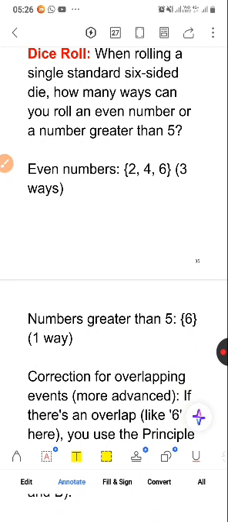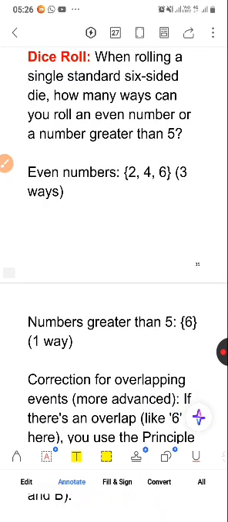So in this case, you realize that 6 can be found in the second event, and in the first event too, we can still have 6 as an even number. Therefore, 6 is overlapping, it's extending into the two events. So how do we go about such a scenario? In this scenario, we use a two-set problem.